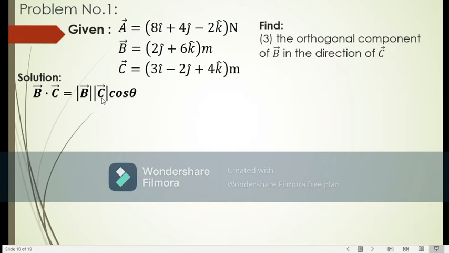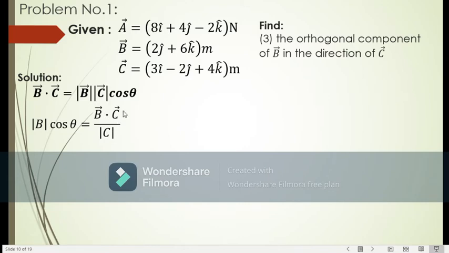The orthogonal component is B cosine theta, so B cosine theta is equal to B dot C divided by the magnitude of C. We got this equation from the general equation of the dot product. So we have to know B dot C and the magnitude of C.